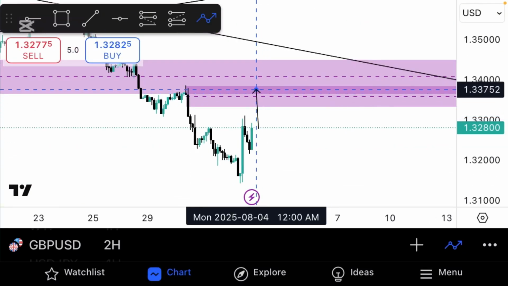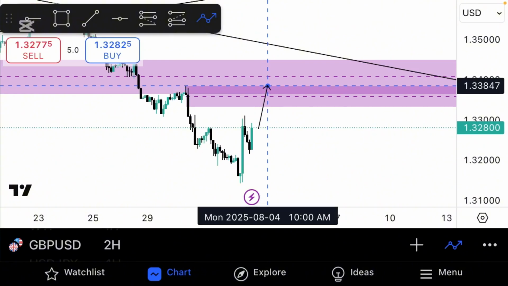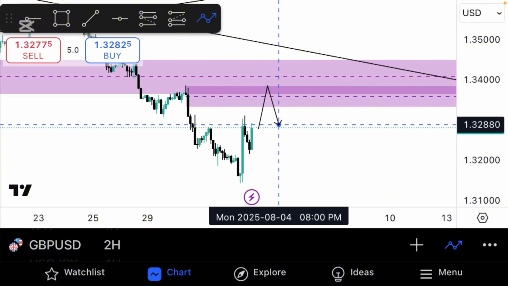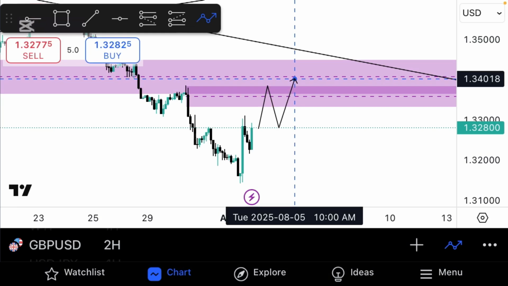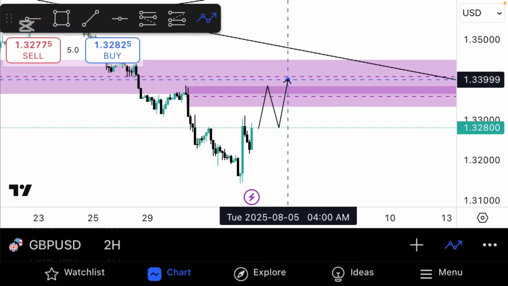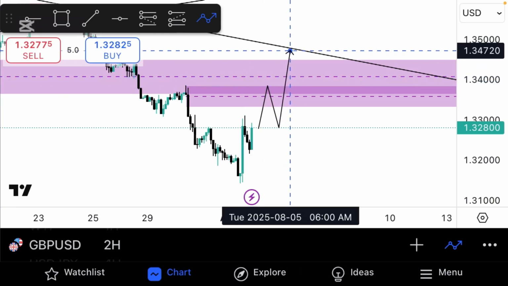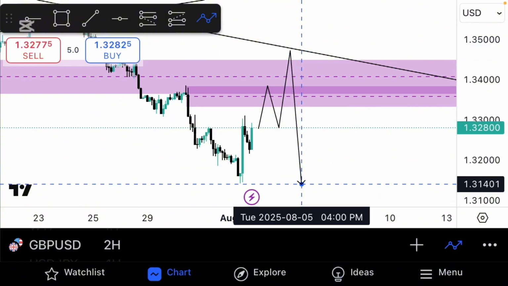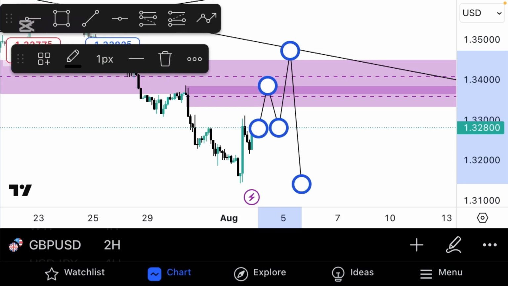Price gets to this supply zone, the sellers will take over the market and drag it down, and the buyers will come and manipulate the early sellers and buy up to our initial trend line anticipation, and then the market will finally sell off. This is what we're anticipating on GBP USD.